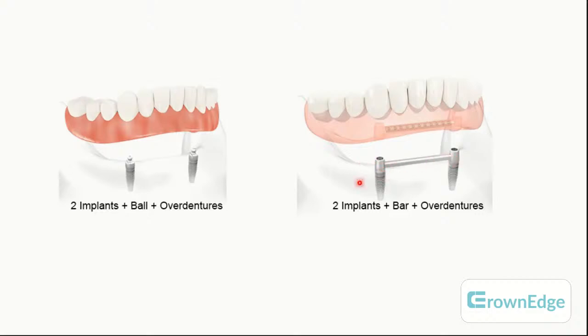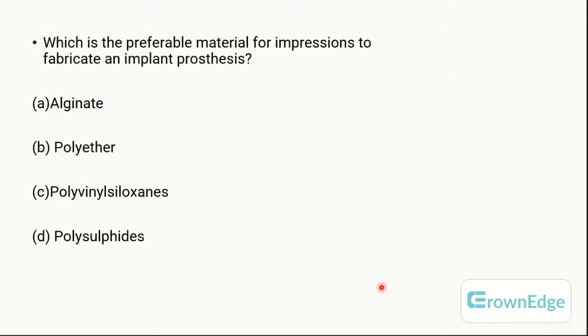So you have to think about where to give a ball abutment and where to give a bar whenever you're doing a removable RP type of case. Okay, so this is the difference between a ball abutment and a bar supported overdenture.